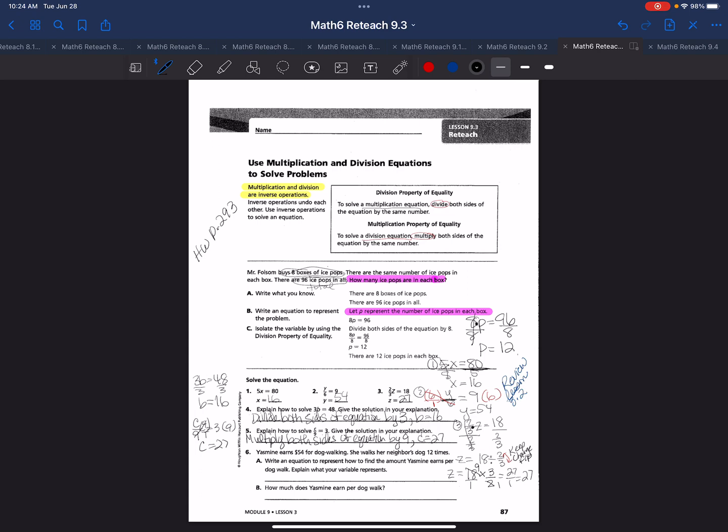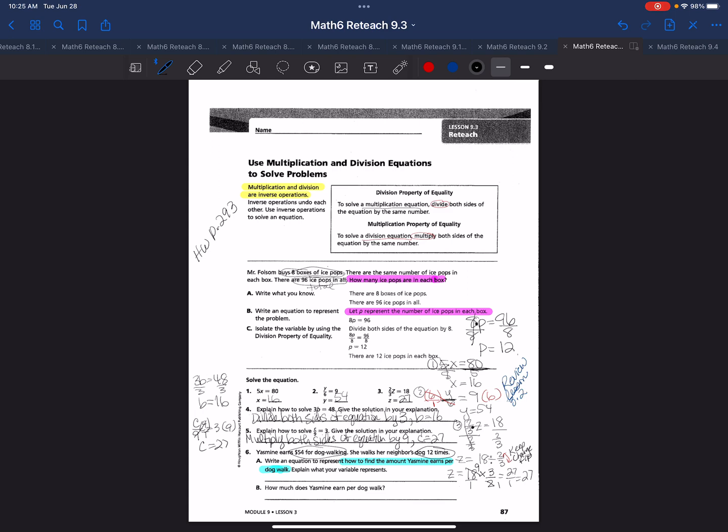All right, question 6. Yasmin earns $54 for dog walking. She walks her neighbor's dog 12 times. So the total is $54, and she's walking the dog 12 times. Write an equation to represent how to find the amount Yasmin earns per dog walk. Explain what your variable represents.